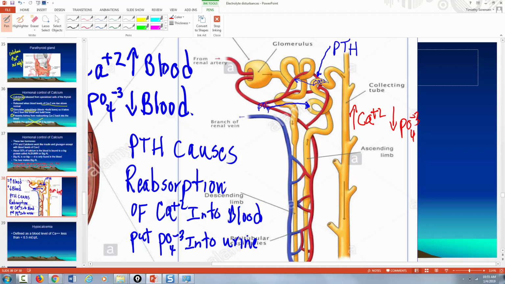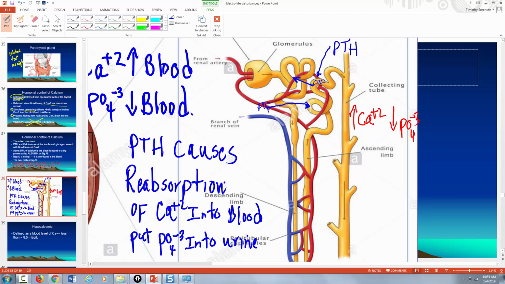So what's the function of parathyroid hormone? It's to raise your blood levels of calcium. And one of the ways that it does that is in the nephron, in the collecting ducts. It will cause the calcium that was going to get peed into the toilet to get reabsorbed back into the blood.